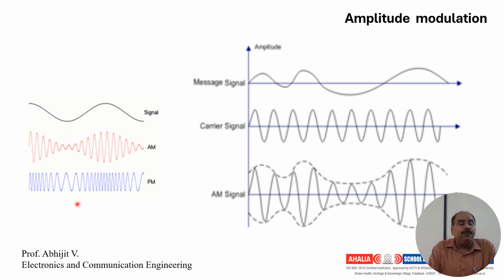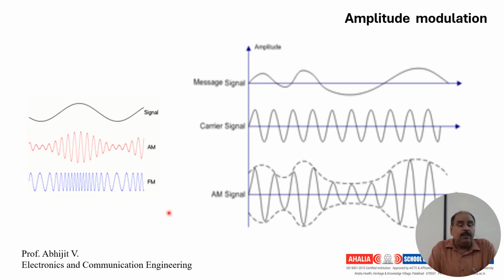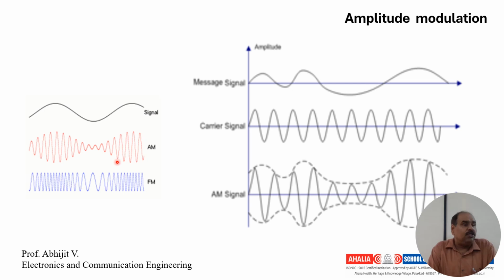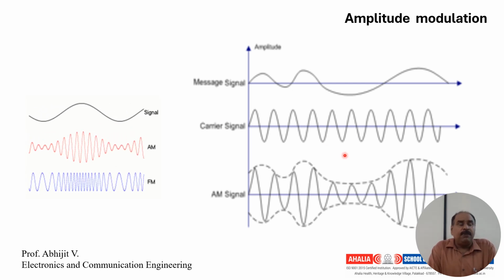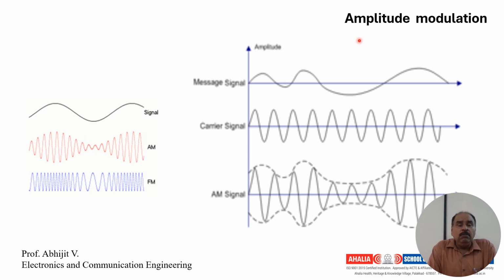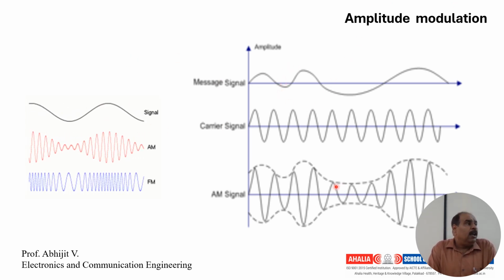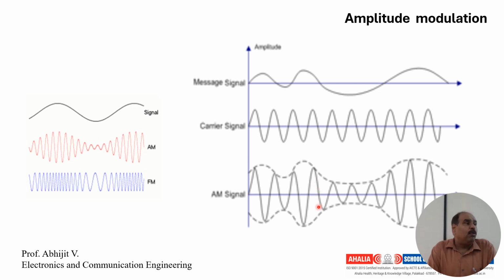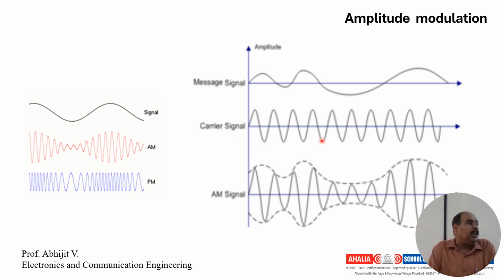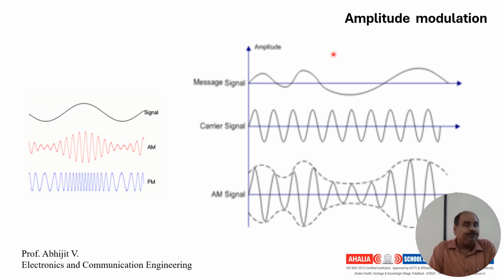In frequency modulation, it is shown in this particular slide. In frequency modulation, instead of the amplitude, the frequency gets changed according to the message signal. In frequency modulation, as we go on, we'll see in detail. Right now, you can understand what is amplitude modulation and how a message signal is amplitude modulated. The carrier signal is an ordinary signal that is generated using any kind of oscillator. Is that okay?